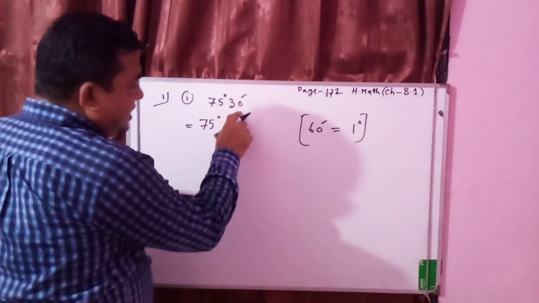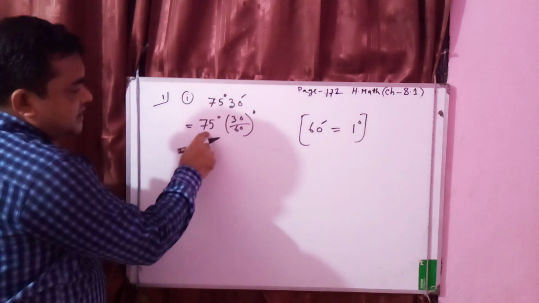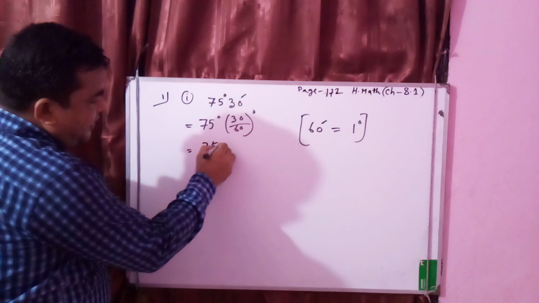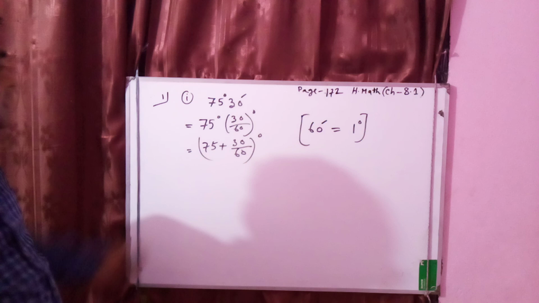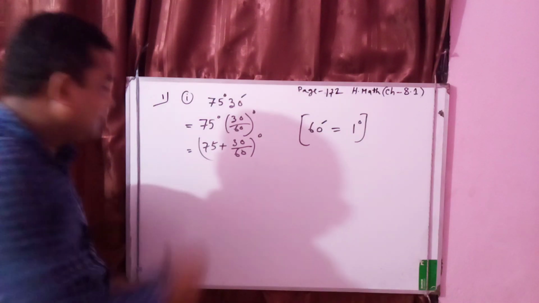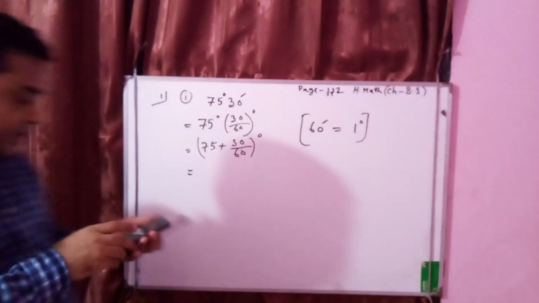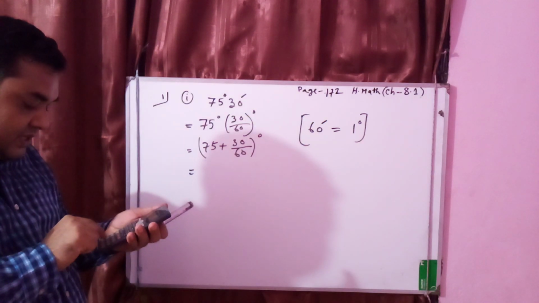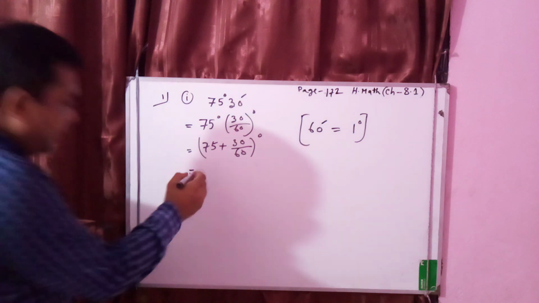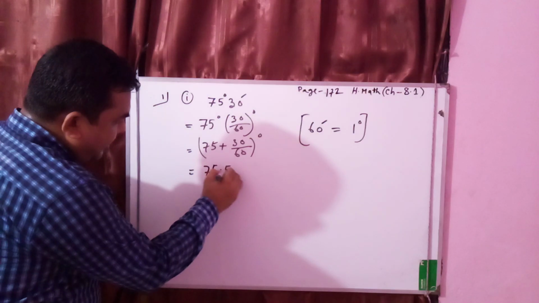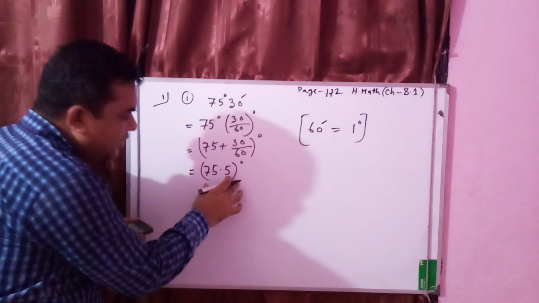First we convert 30 divided by 60, which gives degrees. Then we add 75 plus 30 divided by 60 degrees. So 75 plus 30 divided by 60 is 75.5 degrees. So this angle is converted to total degrees.